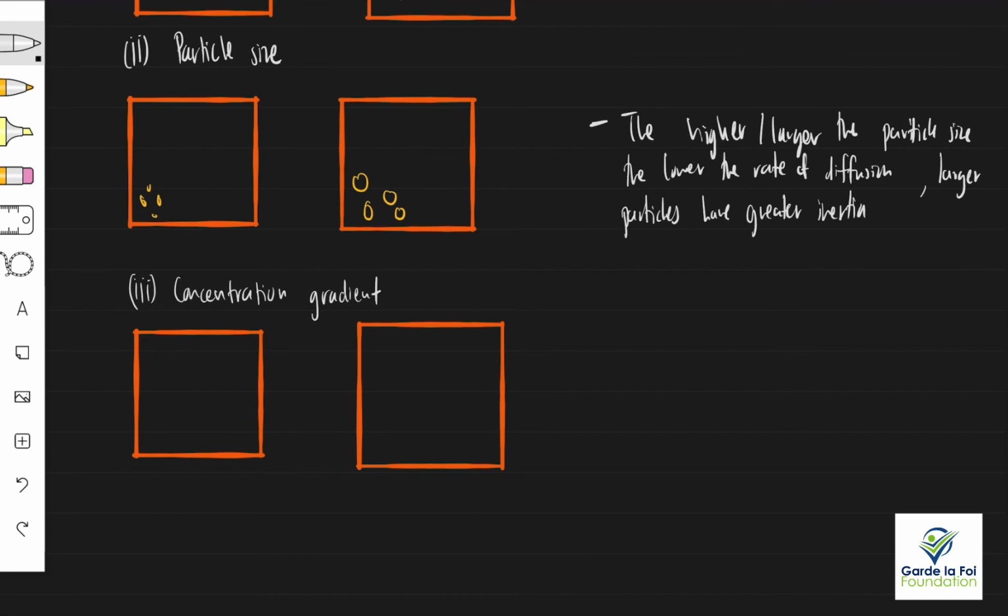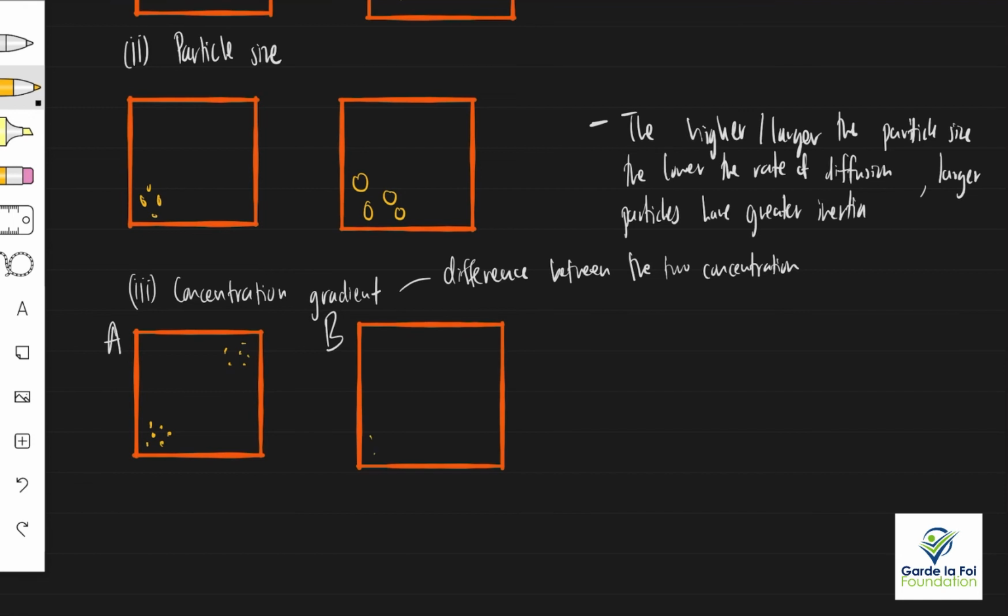And then we have the concentration gradient. The concentration gradient is the difference between the two concentrations. We can have system A and system B. In system A, we have these particles here, and then we have these same particles this side.